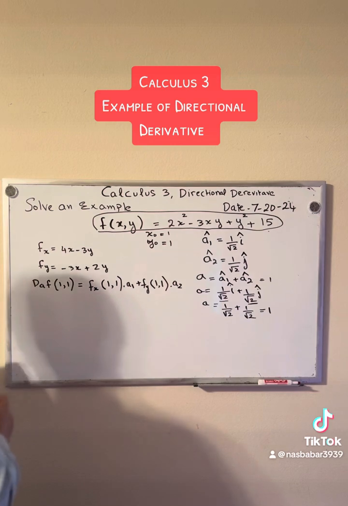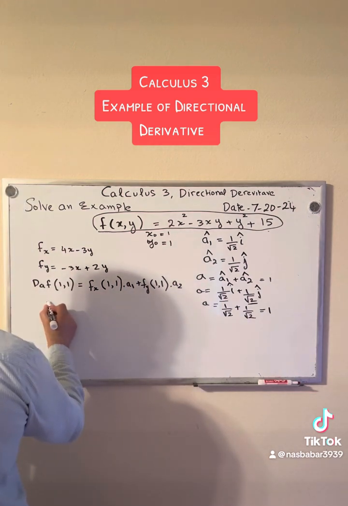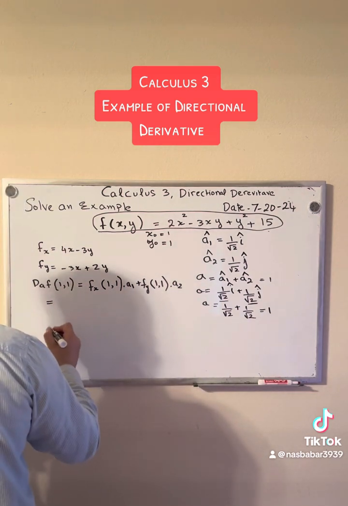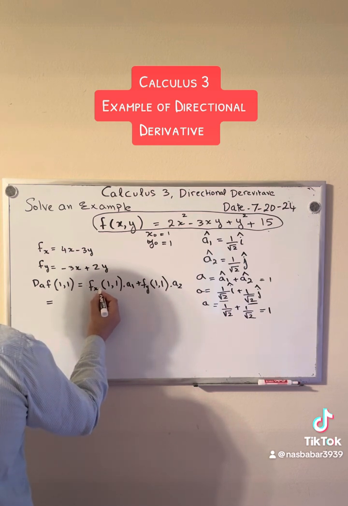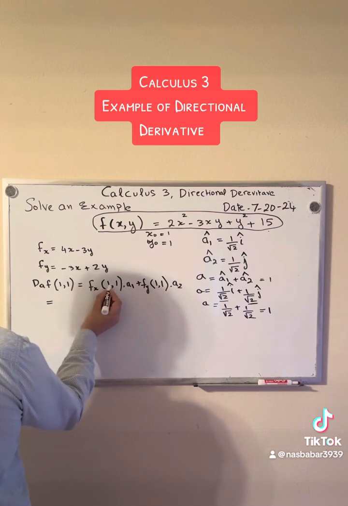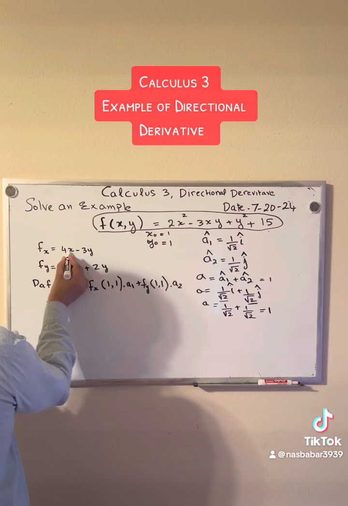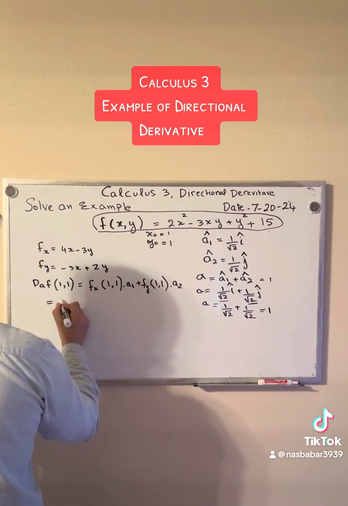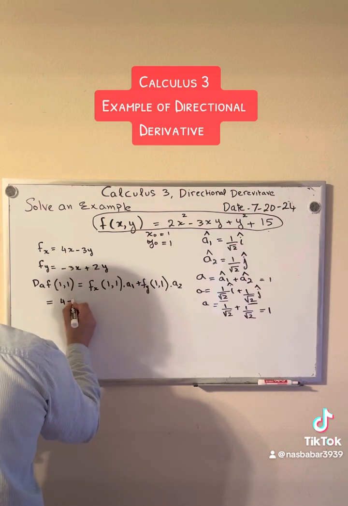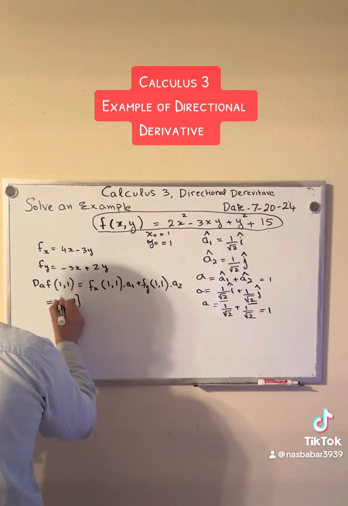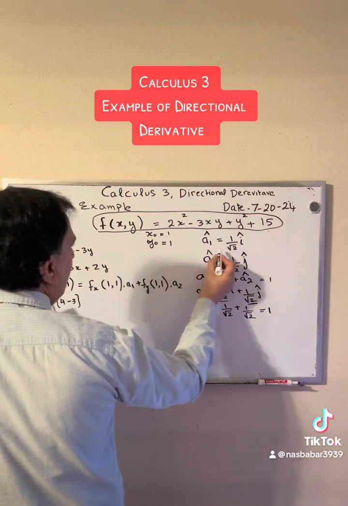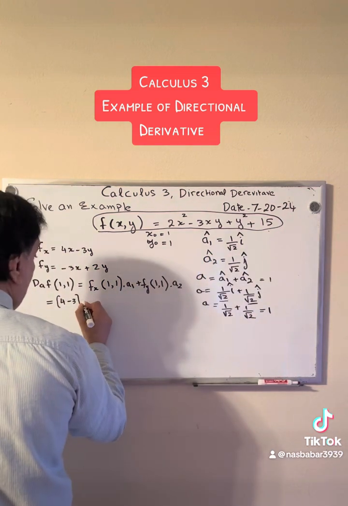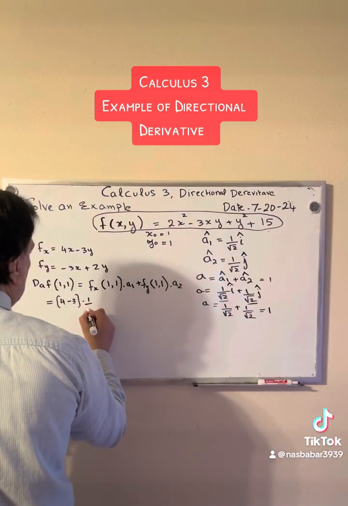Okay. So now if you expand this and solve it, the function of x at point 1 and 1, you plug in 1 for x, 1 for y. So then I get 4 minus 3, multiplied by the value of a1 right here, which we are already given as 1 over square root of 2.